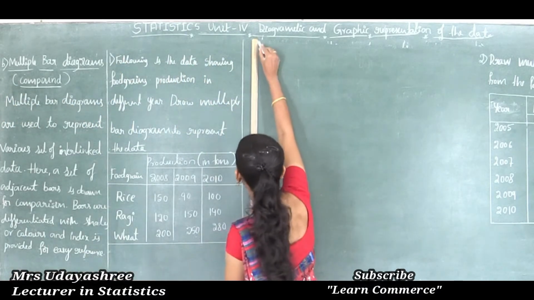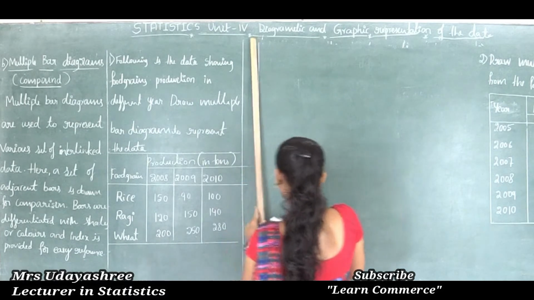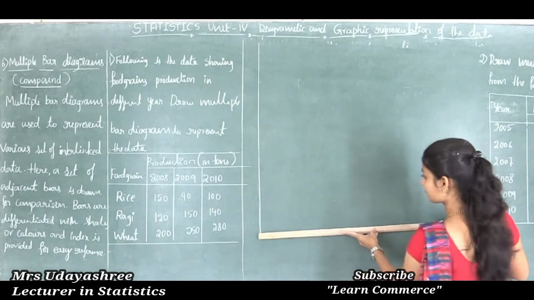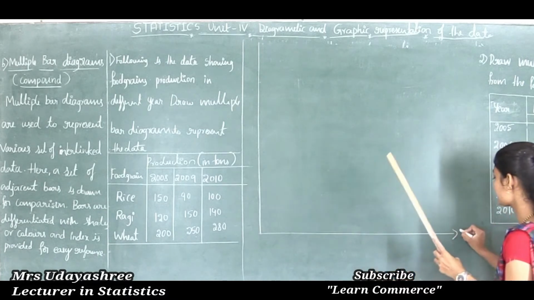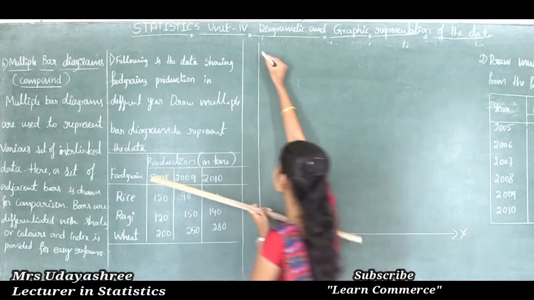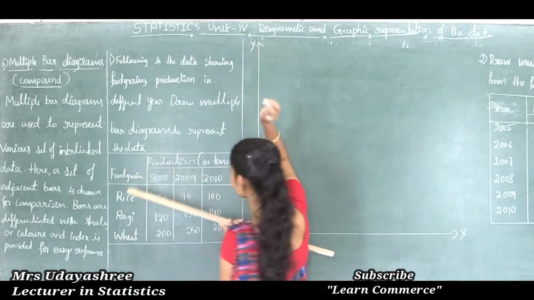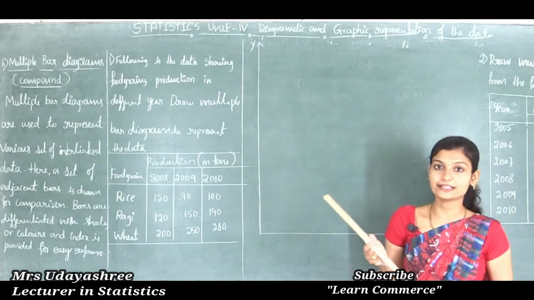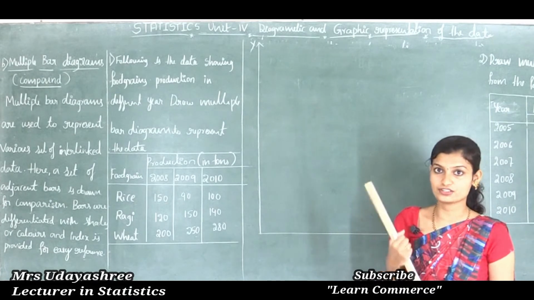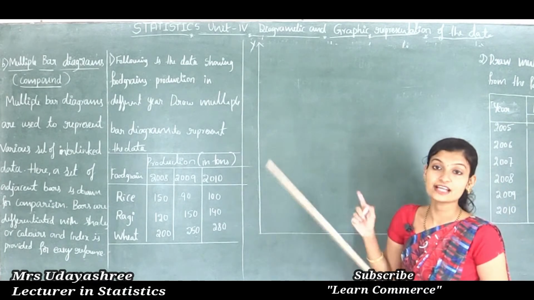So for this question the diagram is like this. This is the x-axis and this is the y-axis. Before drawing the multiple bar diagram, we need to write a title for this question. Which title is suitable?